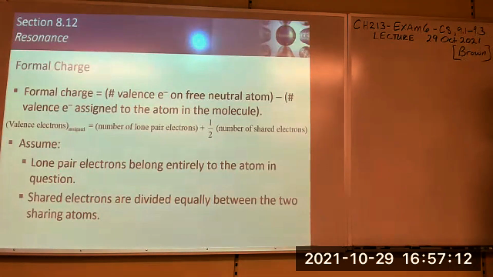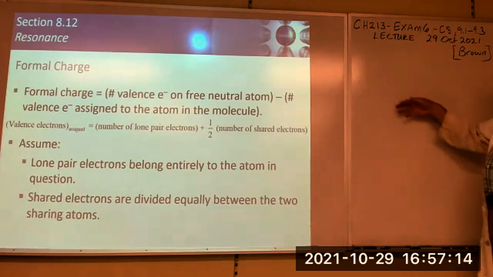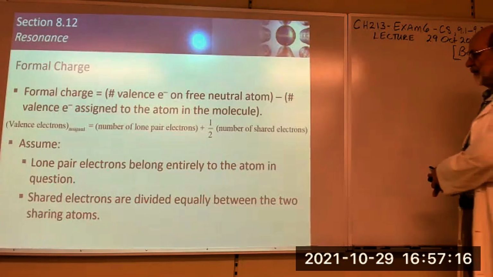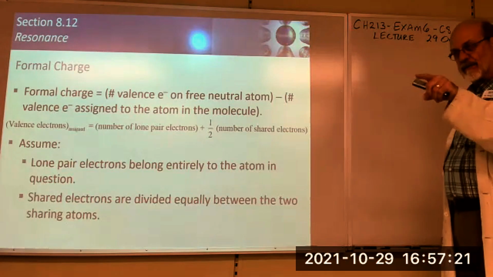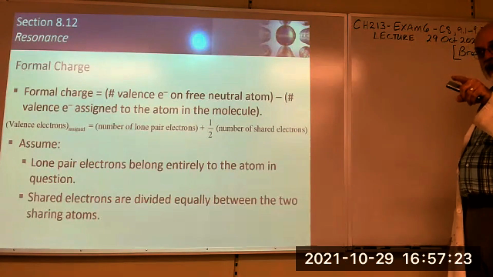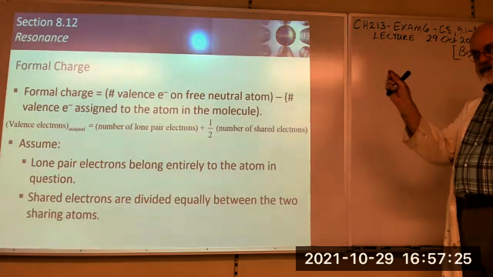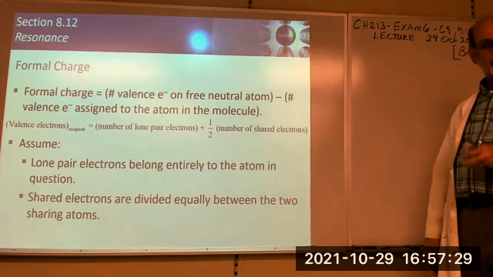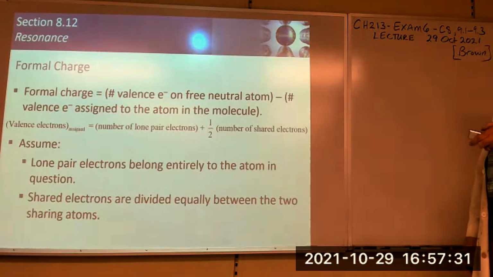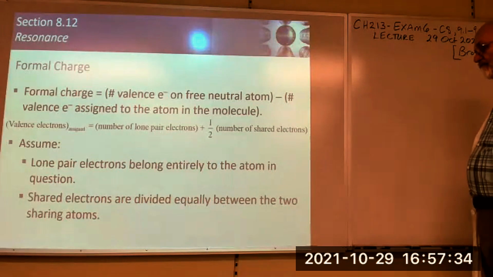I guess I could draw a weird one, like put a triple bond on one side and a single on the other. But we count lone pairs as belonging to that atom, and we count bonding pairs as split, half one way and half the other way, when you're counting up electrons in the bonds to compare with the free atom electrons.